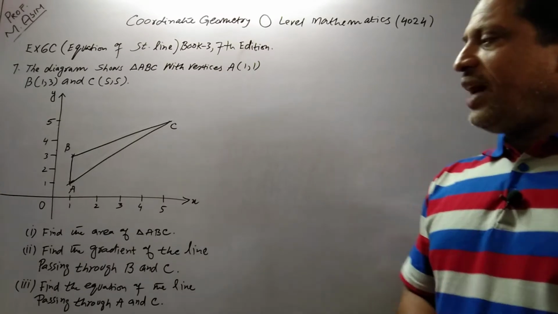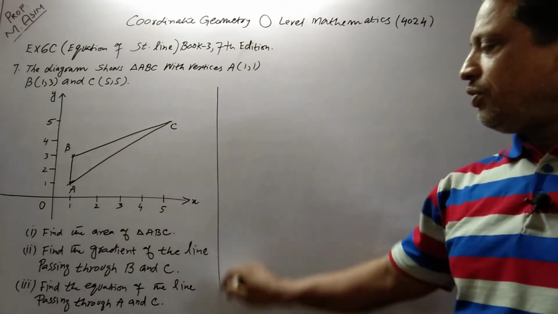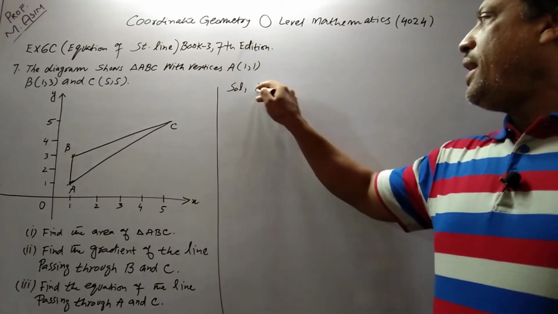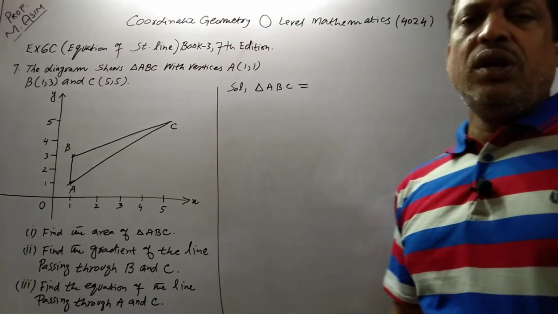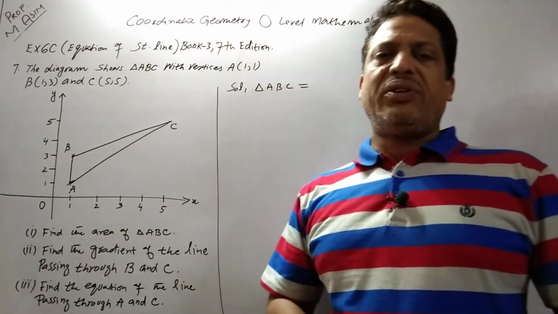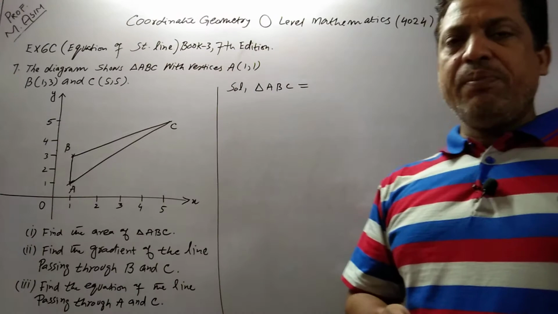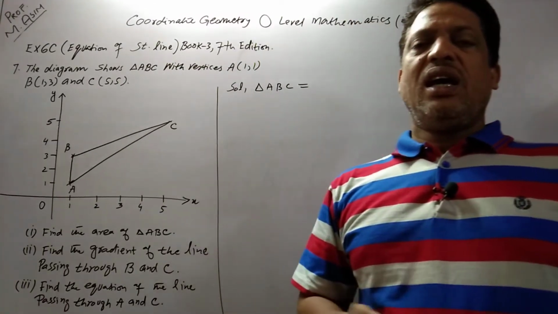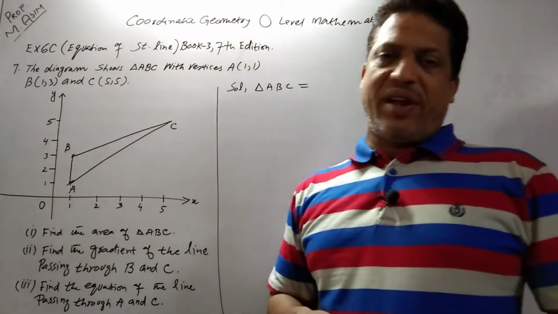Part 1: find the area of triangle ABC. Solution: area of triangle ABC is equal to, students, you know, whenever we find the area of a triangle, we must have a height. Height means a perpendicular line. Perpendicular means a line which makes a 90-degree angle with the base of the triangle.